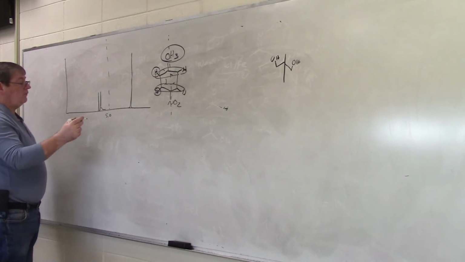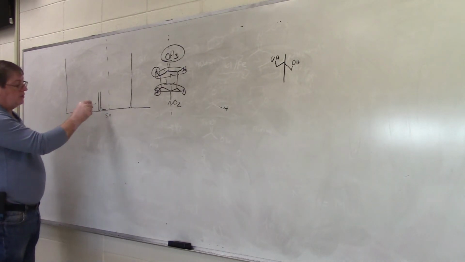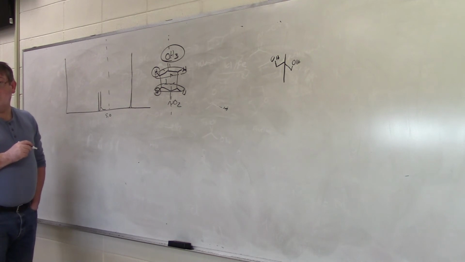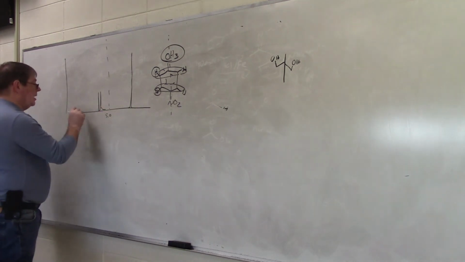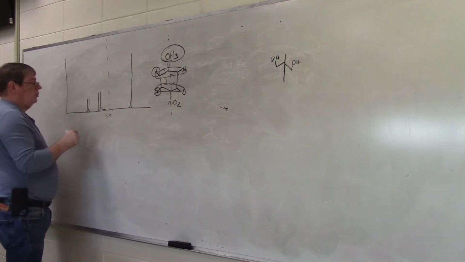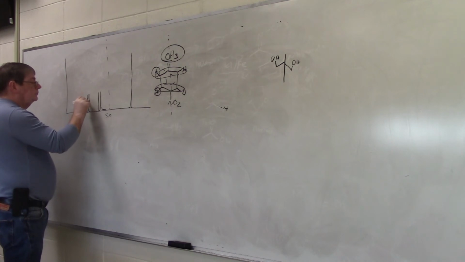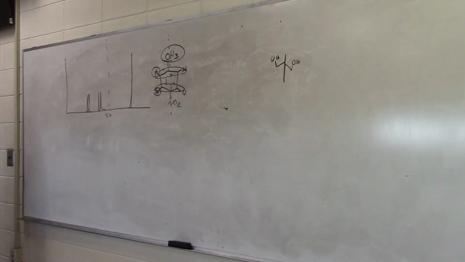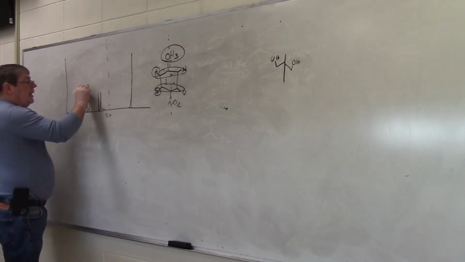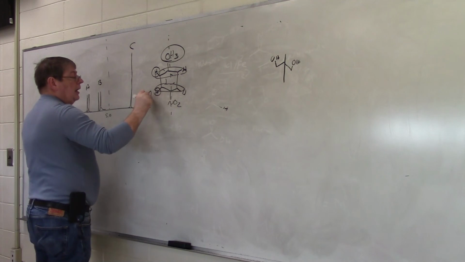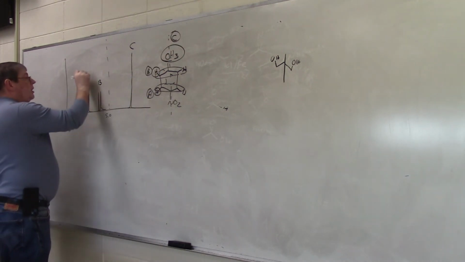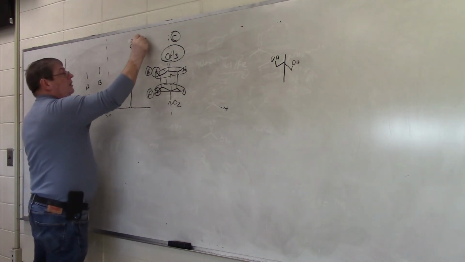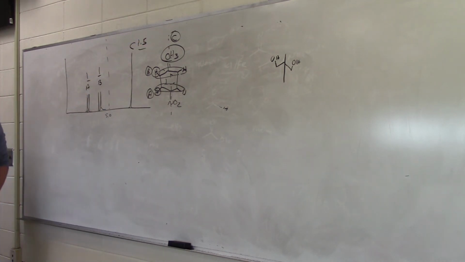Now, is it going to be further downfield or further upfield from this one? Down. Why? The oxygen, the nitrogen. That's right. So that would be what that NMR would look like. Let's label A, B, and C. And the integration would be 1 to 1 to 1.5 would be the relative number.